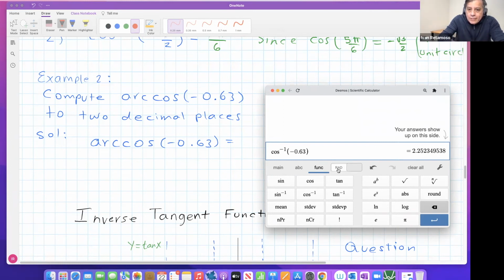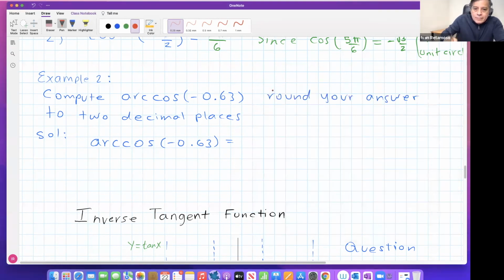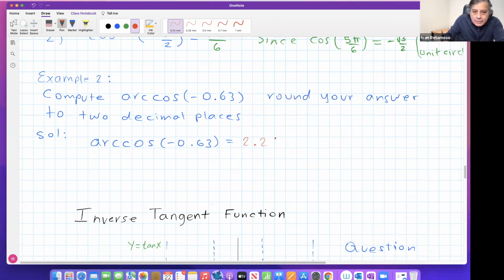So switch it to radians, the answer should be 2.252. Rounded to 2 decimal places, it's just 2.25. Very good, guys.